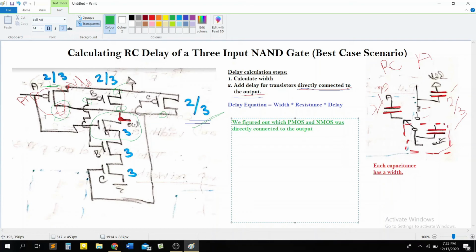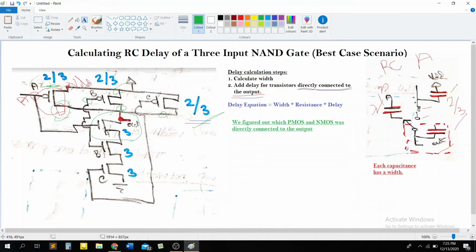So we can easily understand that the three PMOS here and the one NMOS here, all these four transistors are directly connected to our output. So this one is not going to be included. This one is not going to be included, and neither is this one. And for these, we understood that each PMOS has three capacitors, and only the drain capacitance is directly connected to the output. So we get 2x3 here, 2x3 here, and 2x3 here.